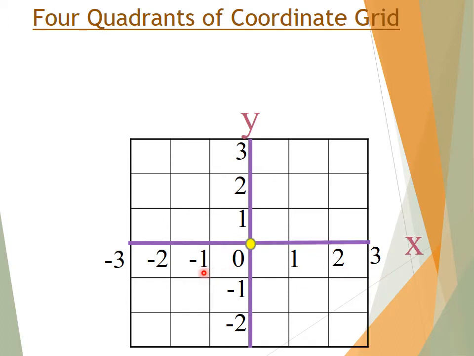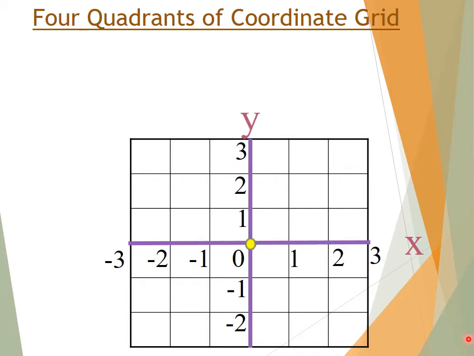On its left hand side we have the negative values of the x-axis. Similarly, upwards along the y-axis, these are all positive values, and if we go downwards we can see these are all negative values of the y-axis. This is the same pattern in which you will get graph papers. In graph papers we have similar divisions.